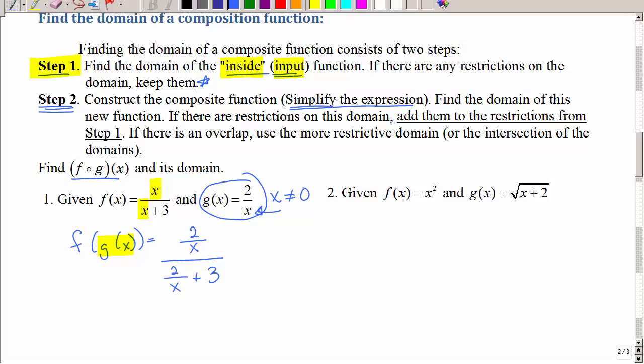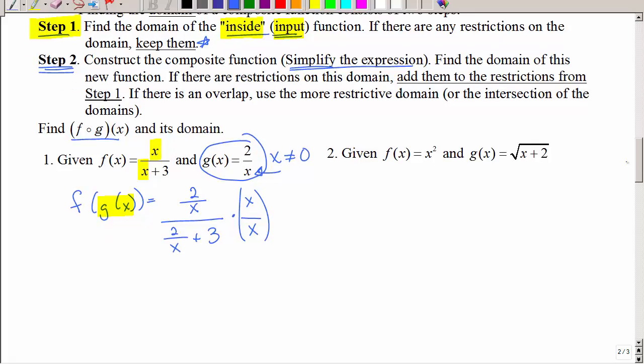One way is to multiply the top and bottom by the common denominator of this whole expression, x over x, and simplify. So those would cancel out and I would have 2. Here I'd have 2 plus 3x, because I'm multiplying this times both of those. And that looks a lot better. So that's my composition function.